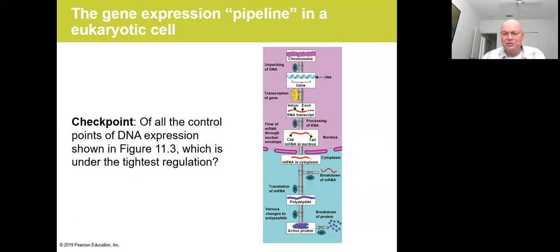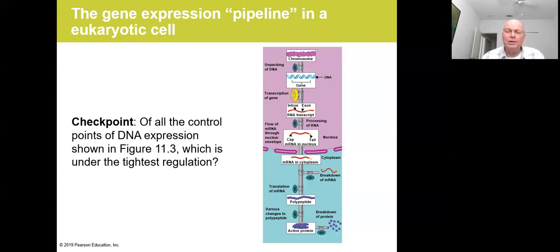Once we start getting into translation, then we can regulate the polypeptide itself in terms of whether it is translated or not and what polypeptide is made. And then once we've got the polypeptide made, most polypeptides need some form of modification, and we could talk about insulin, or we could talk about a number of other polypeptides there that need to undergo various changes in order to become active.